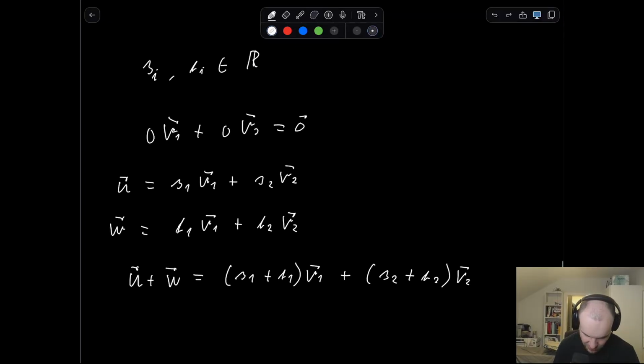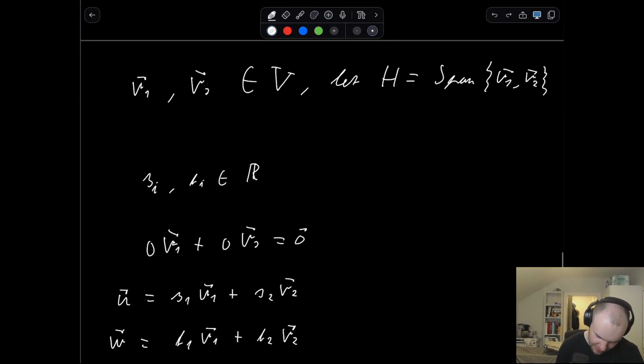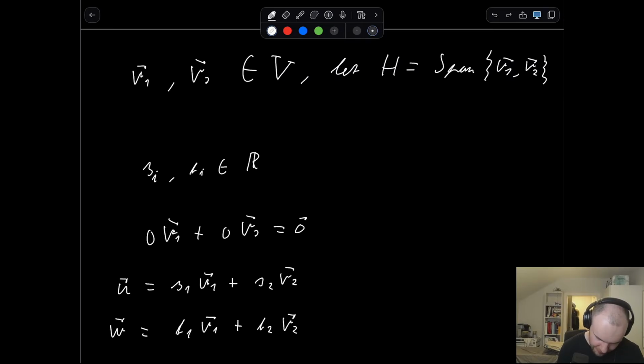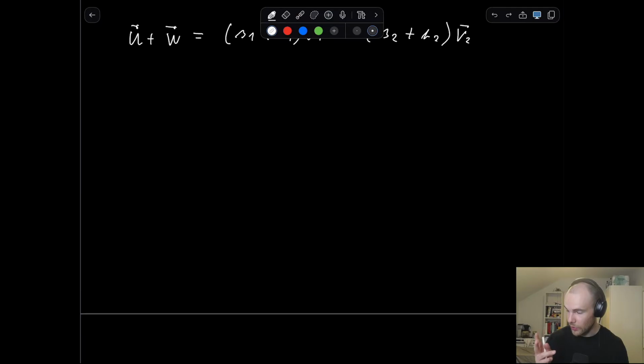You can see I didn't use any numbers, which gives us the first theorem. If we have two vectors in a vector space V, then the span of those two vectors is a subspace, right?